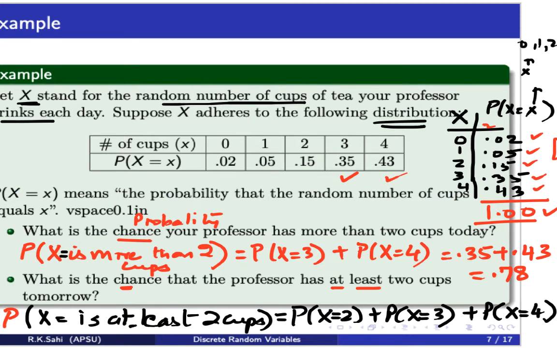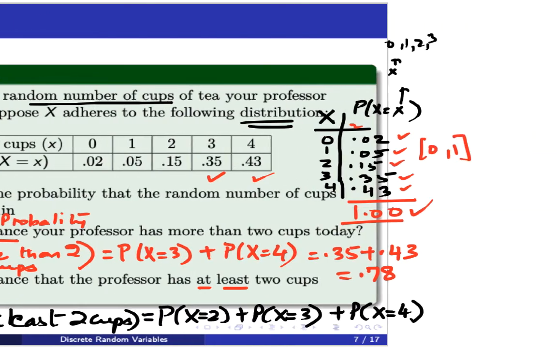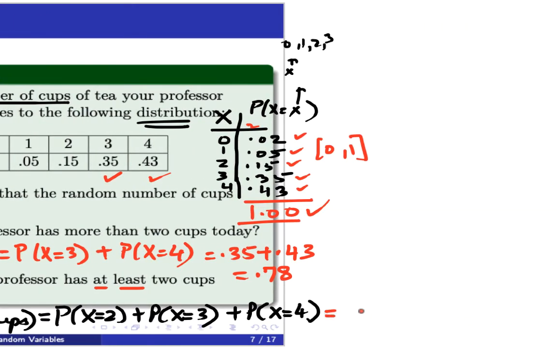Let's expand this one here. 0.15, 0.35, 0.43. Okay, which is what? 0.93. Okay, so that's the probability of your professor having at least 2 cups tomorrow.